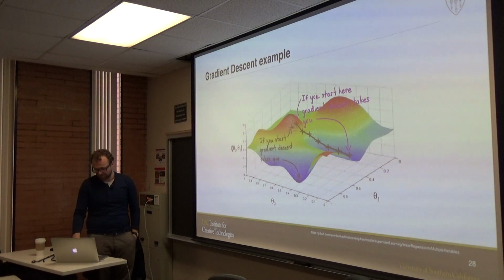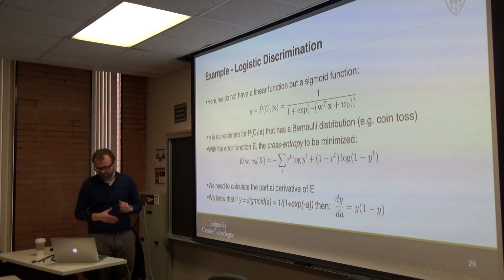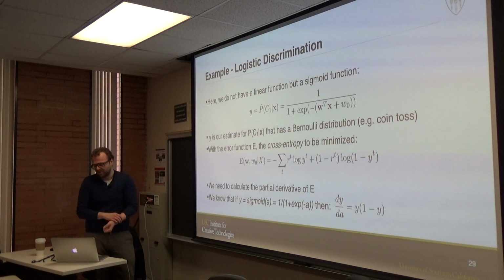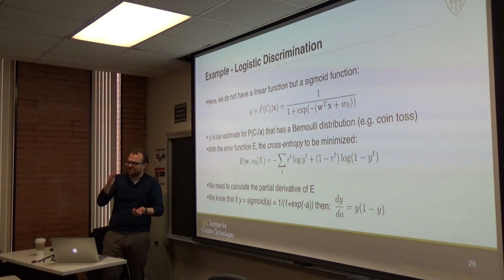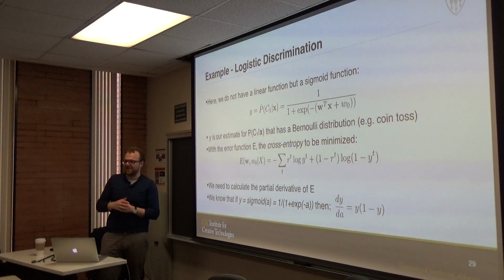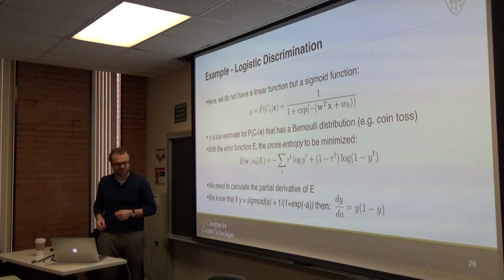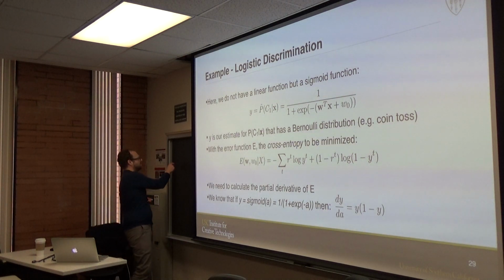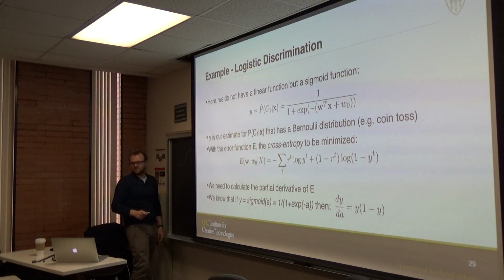Let's do an example for this, and the example is logistic discrimination. So instead of a linear function to discriminate between points, so we're not learning a straight line through the space, we're learning a sigmoidal function, which are these functions here, right?